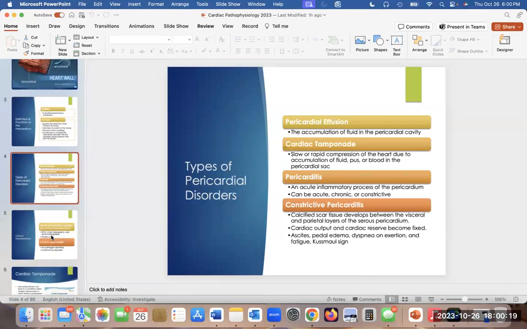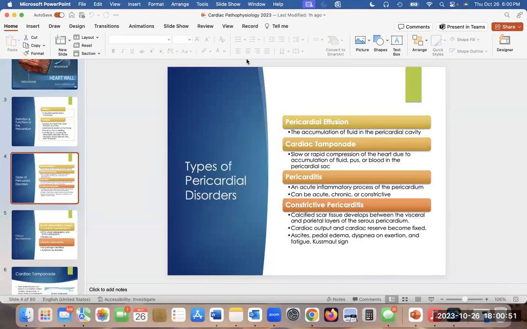There are different types of pericardial disorders. We have pericardial effusion, which I said in the previous lecture is fluid buildup in the pericardial cavity. We have cardiac tamponade, which is a result of pericardial effusion and causes more compression of the heart because of the accumulation of fluid or blood or whatever is in that sac.